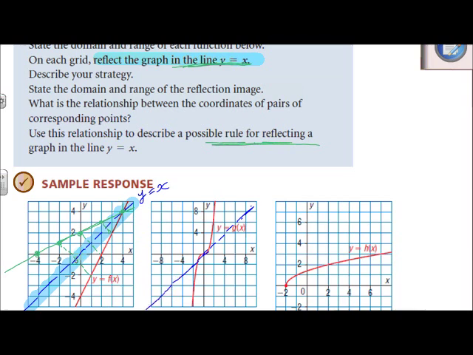Let's take some reflection points. 0 and 0. It's on that line. It's going to stay on that line. It's not going to move. Now, this point right here is also on that line, as well as that point right there. They're both on it. Let's see if we can find some other points.